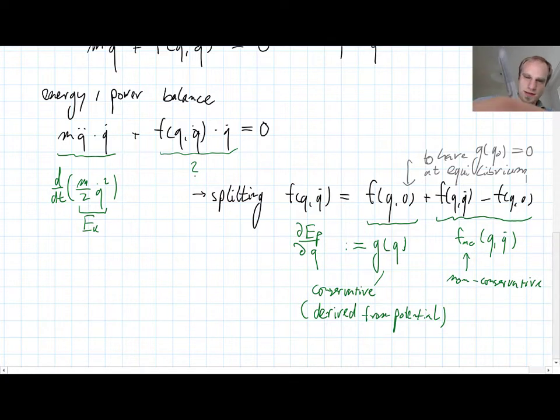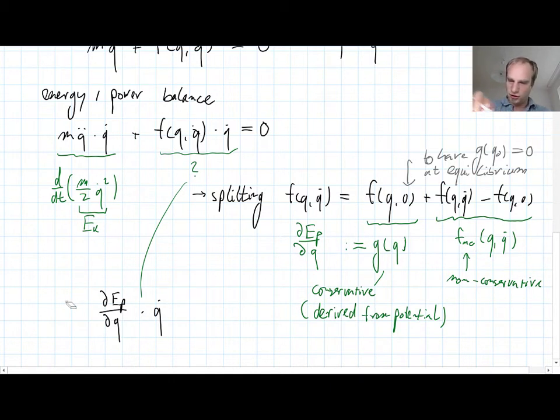Now we can indeed reply to this question mark and say that this is partly the gradient of the potential energy times q dot. So dEp dq times q dot is simply this g here times q dot, plus F NC times q dot.